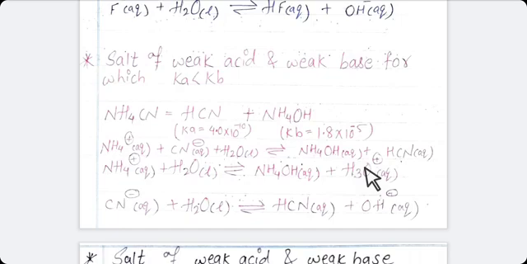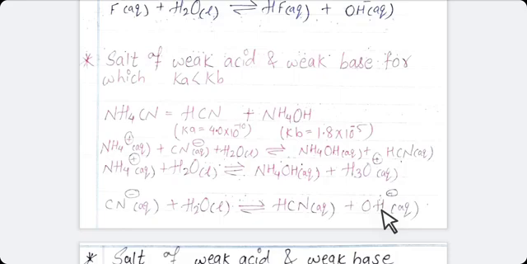What does it mean? The solution of NH4Cl, which is the salt, is basic. Why is it basic? Because we get more hydroxyl ion, or OH minus ion. As all of you know, the substance which gives OH minus ion in its aqueous solution is a base.